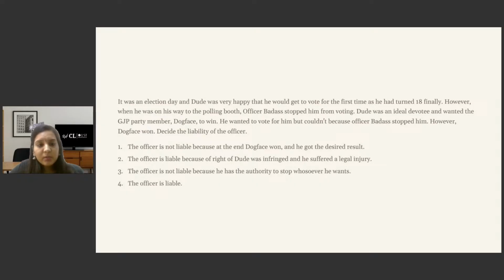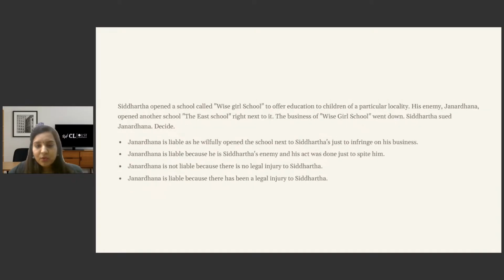So when you see this, you will decide whether the officer is going to be liable. Yes, the officer is going to be liable because it was a legal injury. His legal right has been violated. So sometimes you just have to use common sense with respect to a number of questions, right? It would be just that maybe the question and the answer would be without the passage as such. So you just go to the questions first, then go for the passage.